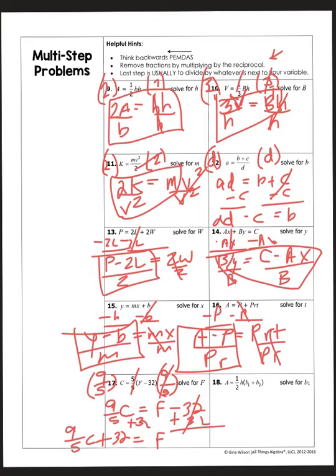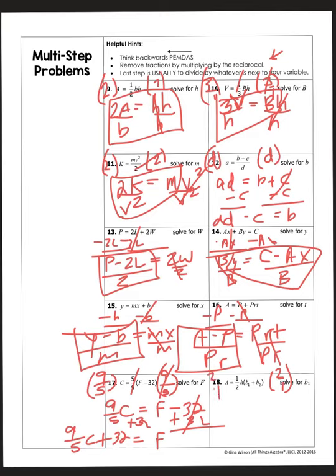All right, 18. Solve for B1. This is the formula for the area of a trapezoid. So, we need to get rid of 1/2 H. Well, I know how to get rid of 1/2. I multiply by the reciprocal. And since H is being multiplied, I need to divide it. Okay, so we'll do one step at a time.